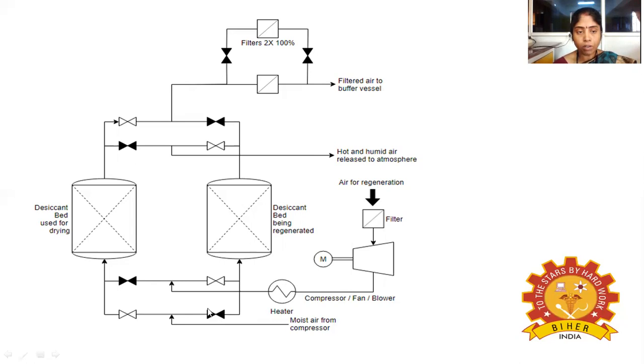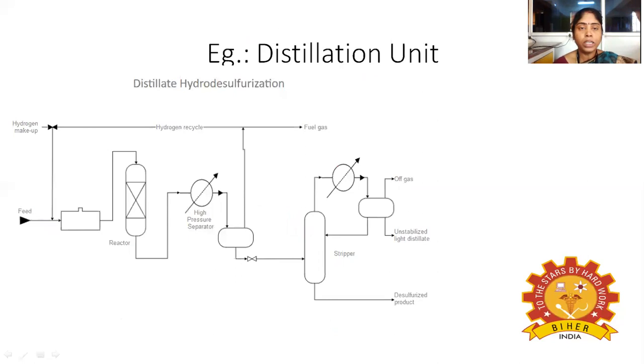This is how you filter the air. And this is a heater from your compressor, fan, or blower; the air is heated and taken to the filter system for any process. Then the air is for a regeneration process, and this filtered air can be used for any product development.